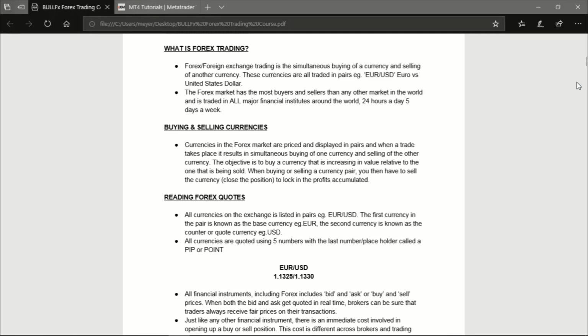So let's get deeper into what forex trading is. The forex market has the most buyers and sellers of any other market in the world, and is traded in all major financial institutions around the world 24 hours a day, 5 days a week. The foreign exchange market exists in all investment platforms.